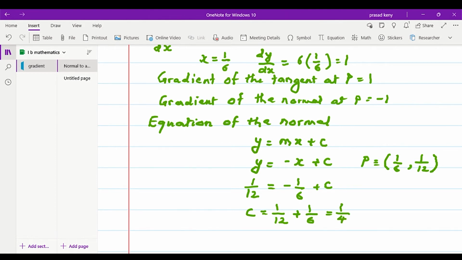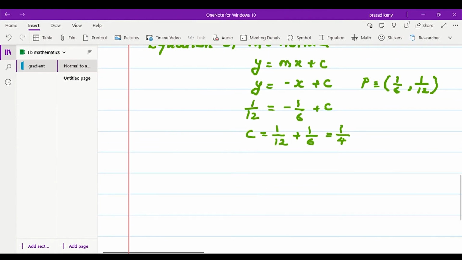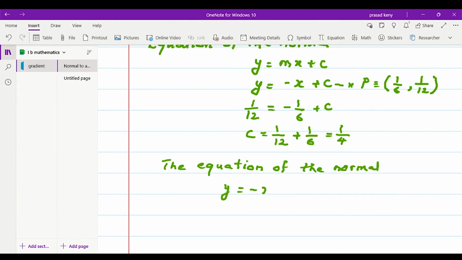So I'm substituting back in this equation, and hence the equation of the normal is y is equal to negative x plus 1 upon 4.